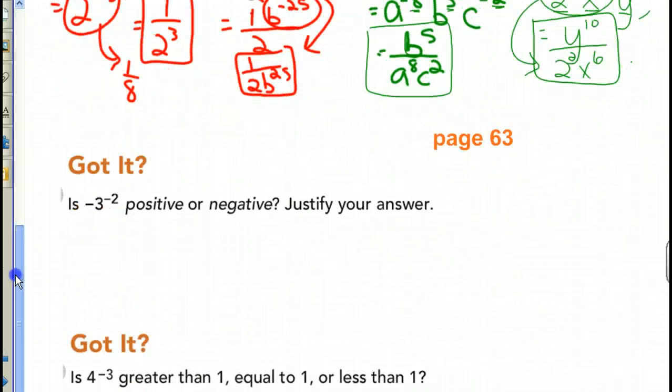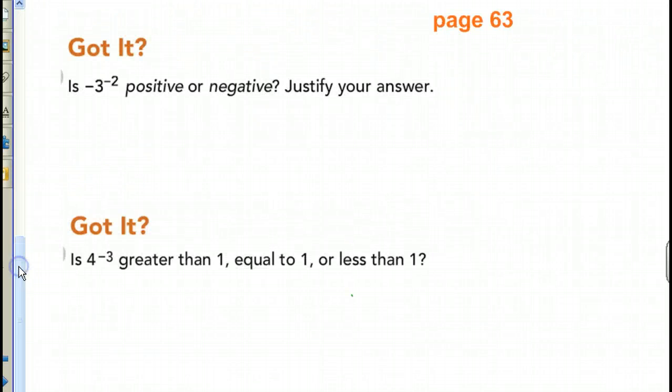Now we're on to the got it on page 63, both of them. Is 3 to the negative 2 positive or negative? Justify your answer. Well, or excuse me, negative 3 to the negative 2. So whenever we see negative exponents, again, we want to move them down to the bottom. So this is 1 over negative 3 squared.